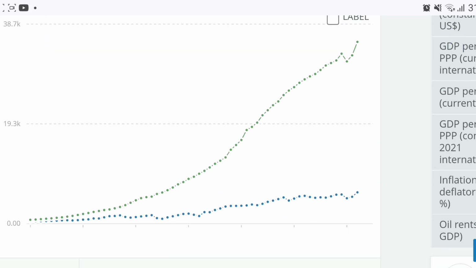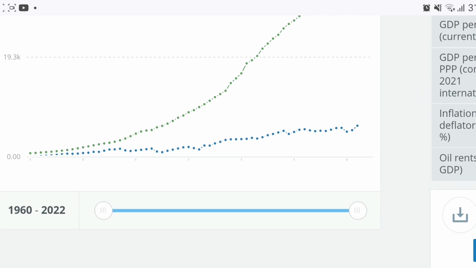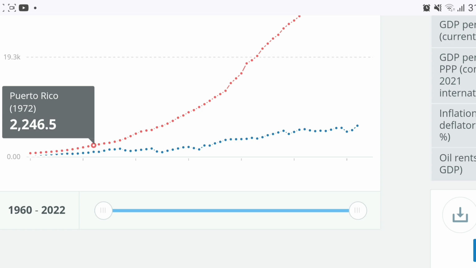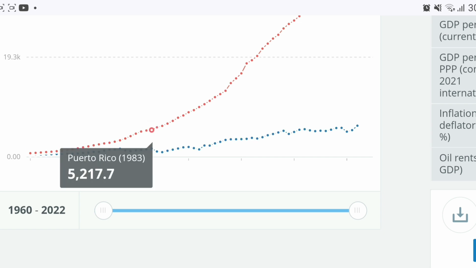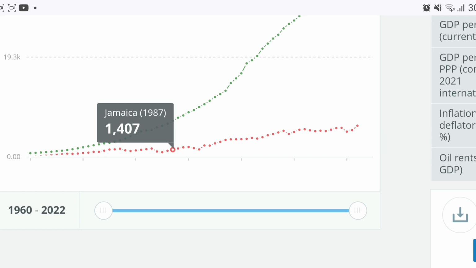Let's look at the graph. It starts from 1960 and goes up to 2022. Notice how both countries started out similar. It wasn't a stark difference back in the 1970s, but as it moved into the late 80s, they start to move away, and Jamaica was on its decline right there.